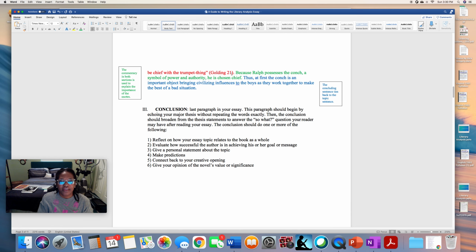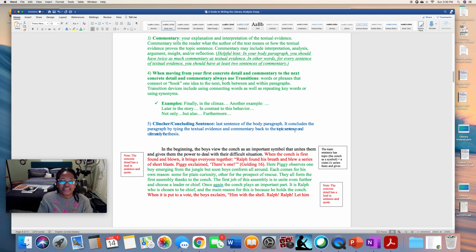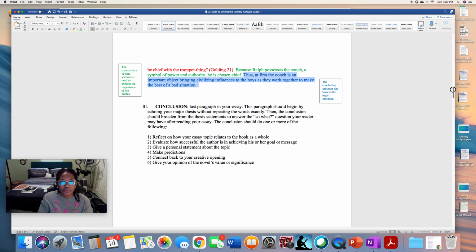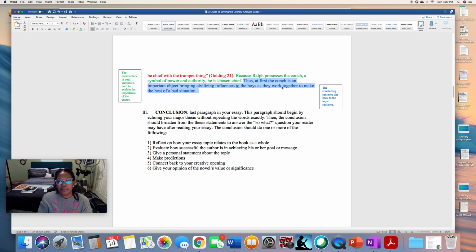At the end, after this commentary, you're going to conclude this paragraph. All they're doing is going back up to their thesis statement, looking at the idea that was presented here, and they're going to paraphrase that, summarize it, state it in a different way. It leads back to the topic sentence.